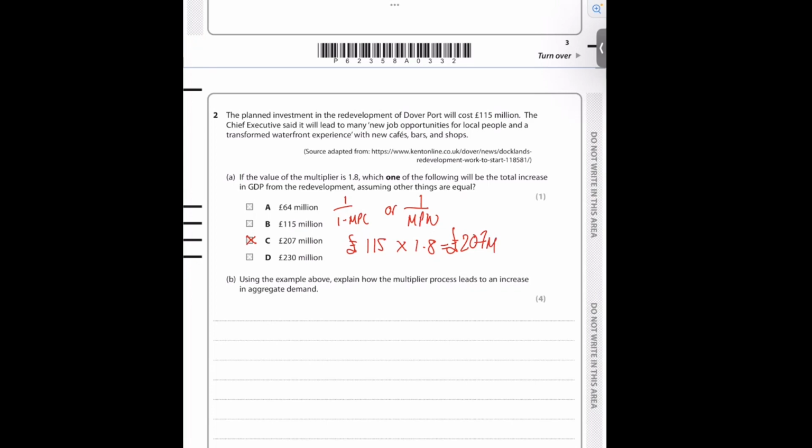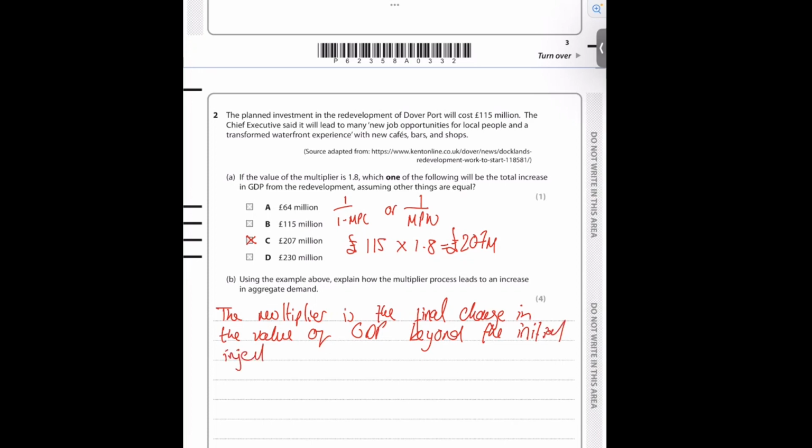Using the example above, explain how the multiplier process leads to an increase in aggregate demand. Okay, so the multiplier is the final change in the value of GDP beyond the initial injection.